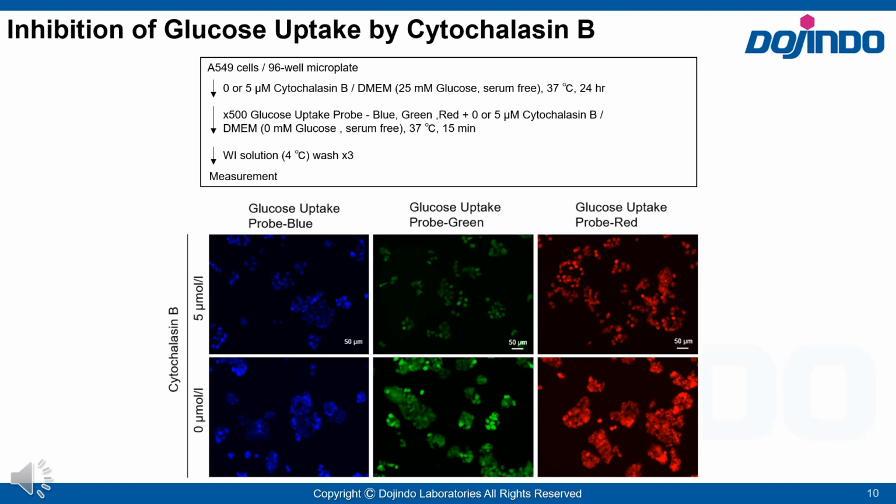Compared to the controls, the cells treated with cytochalasin B had a reduced fluorescent signal. This indicated that the uptake of the probe was inhibited, further suggesting that the probes are taken up into the cell via glucose transporters.